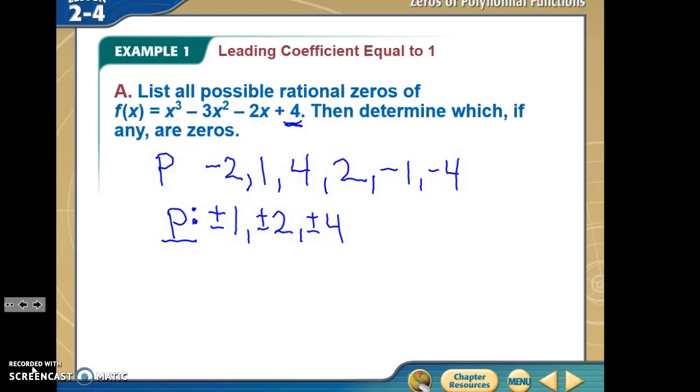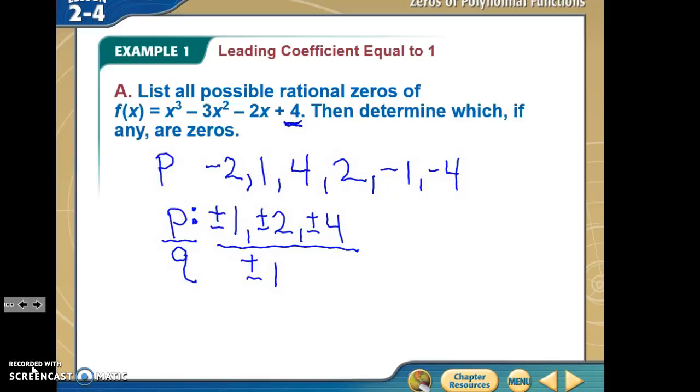You're with me? All right, now let's look at our q's, all of our possible factors of our leading coefficient. What's our leading coefficient? No number there, so it's 1. What are all the factors that could make a 1? Plus or minus 1. So now, what are our possible zeros?